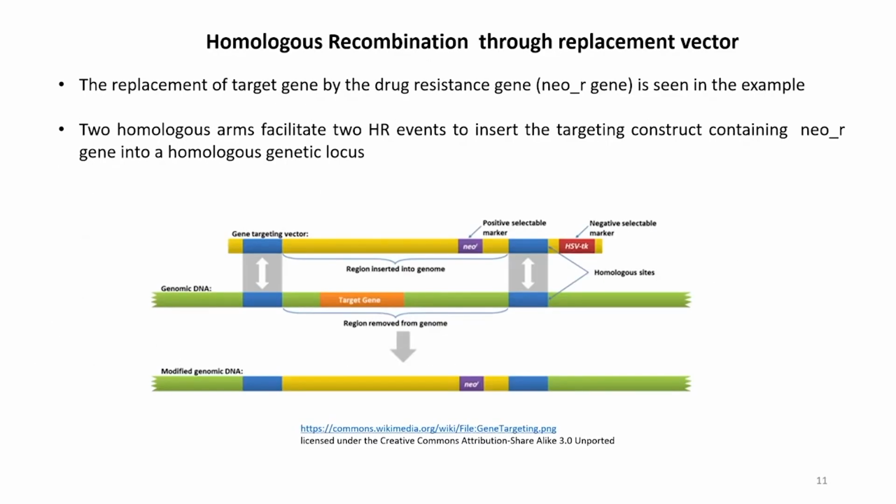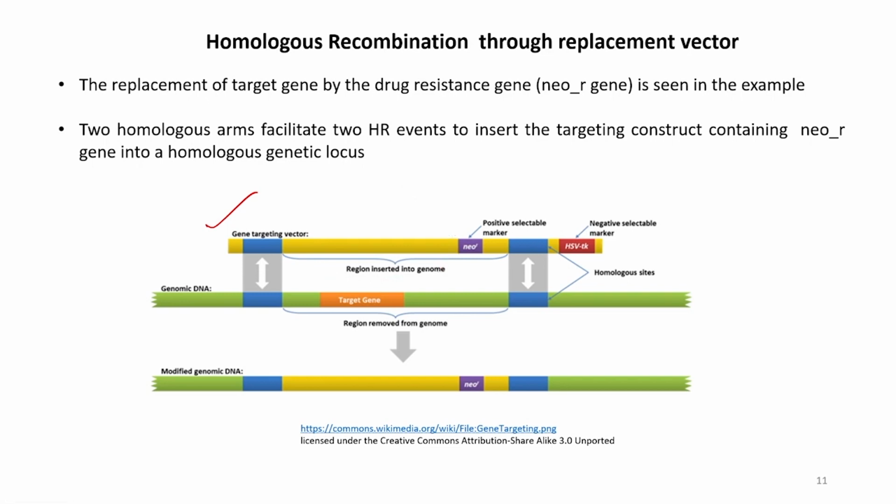How do we do the homologous recombination through a replacement vector? So, here you have a gene targeting vector, and then you have the genomic DNA here into which you want to do the replacement of a target gene, and then you have a region in the vector which would be inserted into the genome.